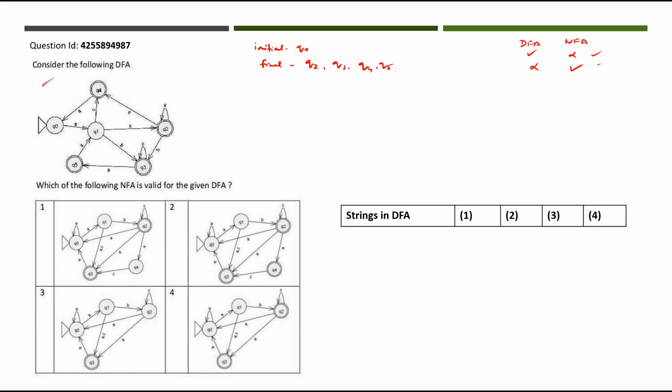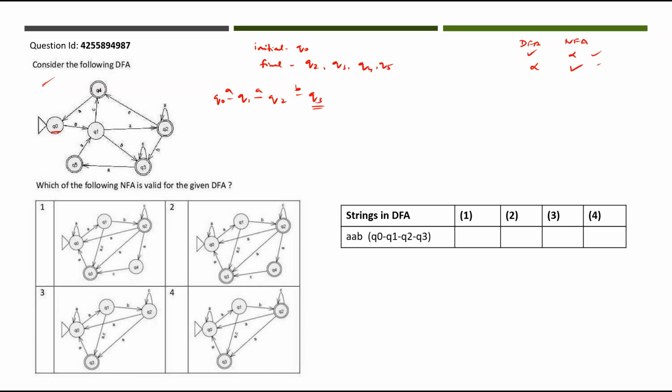So first take the strings in the DFA. Let's take the string AAB. In the DFA, from Q0 to Q1 we have A. From Q1 to Q2 we have another A. From Q2 to Q3 we have B. Q3 is an accepting state, so this is a valid string in the DFA.